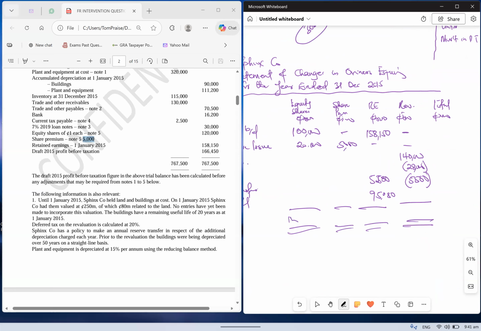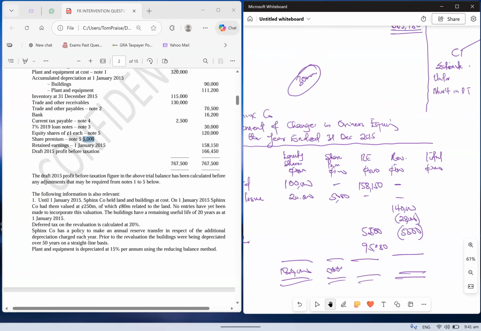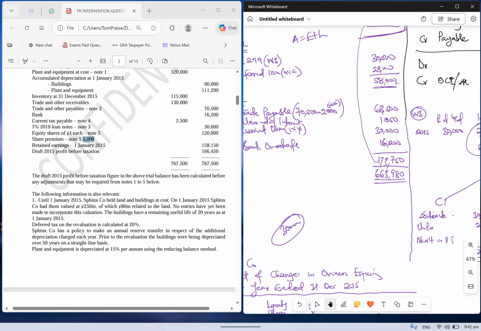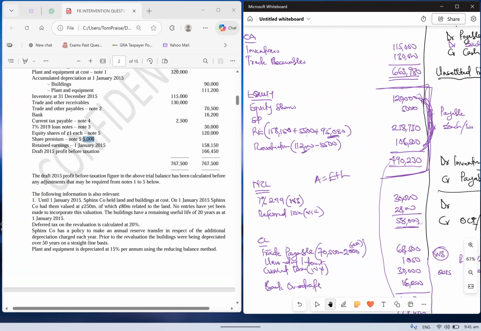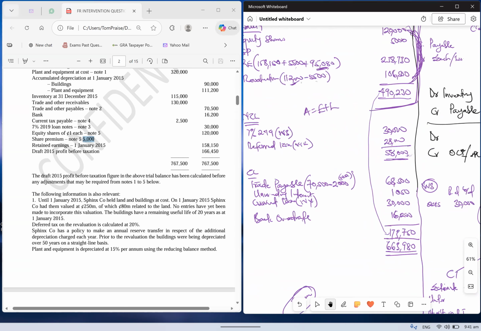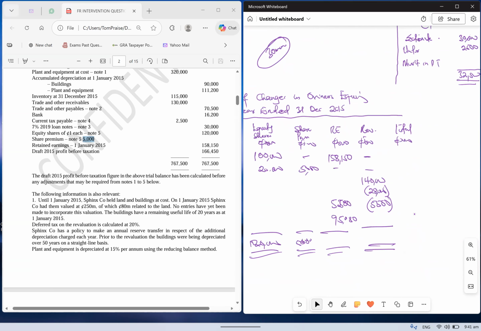Here is 120. You go and check. Is that what you had in your balance there? You will see 5,000. This one too, you go and check. Retained earnings was 1,258,730. So that is it.